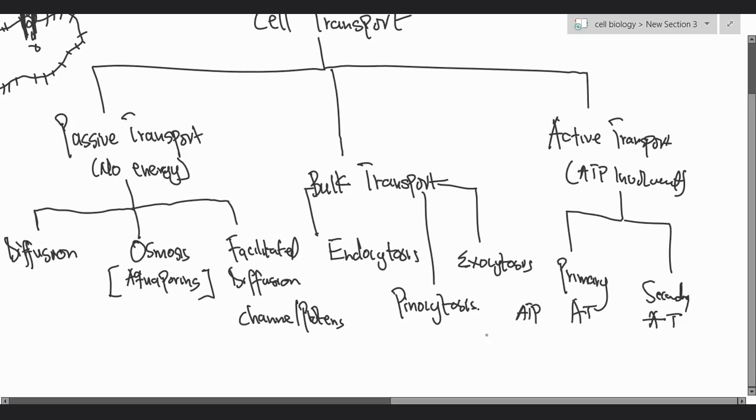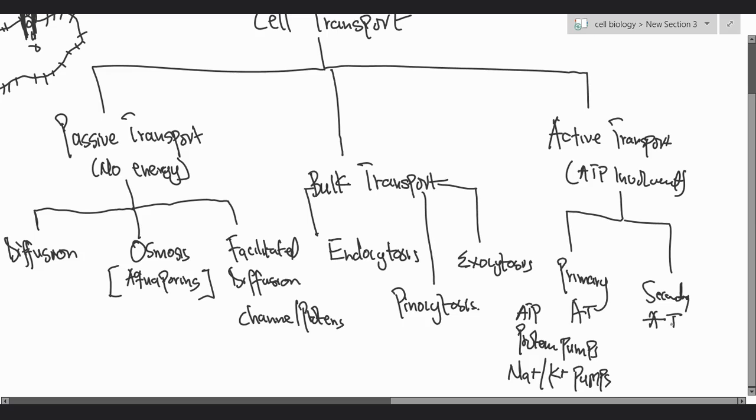It also makes use of protein pumps. On this side, that is where we have the sodium potassium pumps, which are responsible for moving sodium and potassium exchangeably across the intracellular and extracellular compartments.